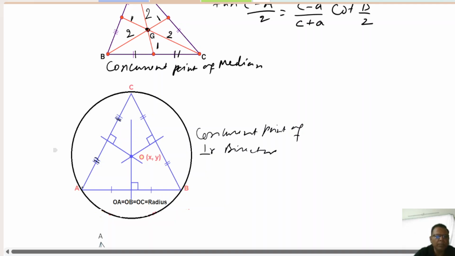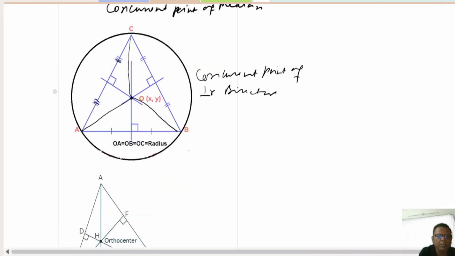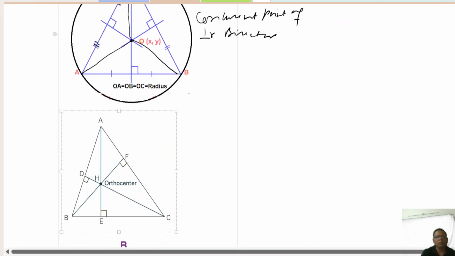One circle will pass through all these vertices and this will be the center. So this will be the radius. So OA, OB, OC will be equal from this point. So this is the circumcenter.